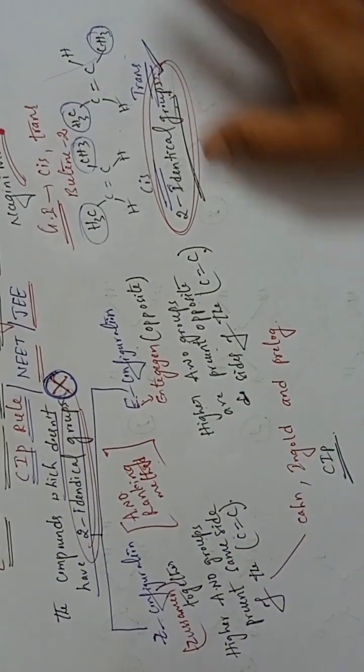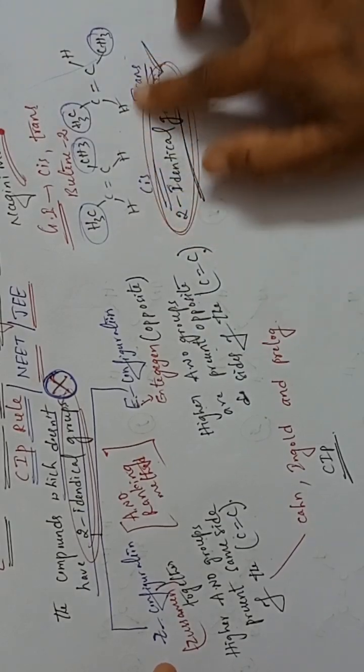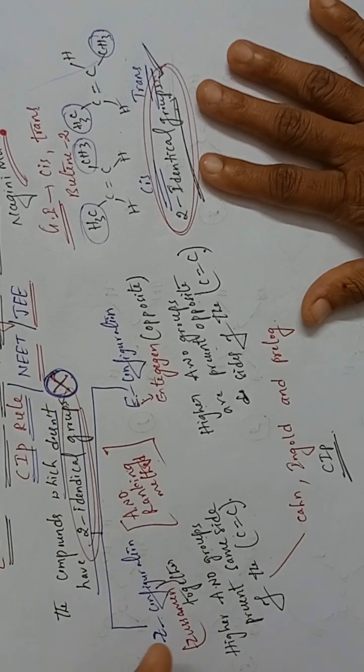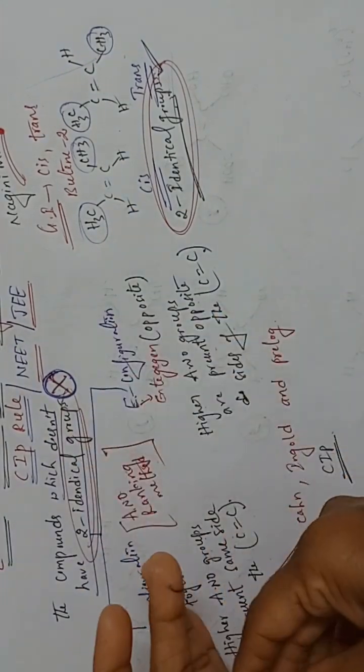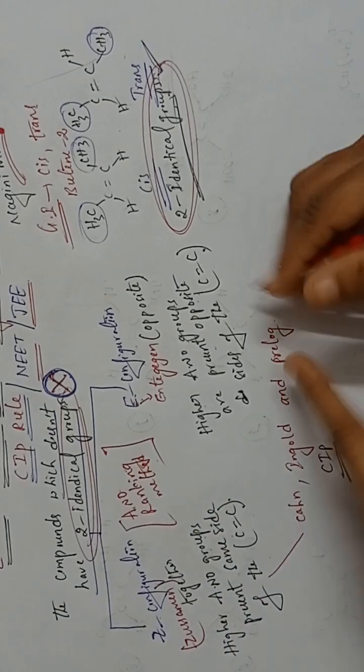So cis, trans, when do we say it, students? The compounds which have two identical groups are classified into cis, trans. The compounds which do not have two identical groups, take one example here, students.